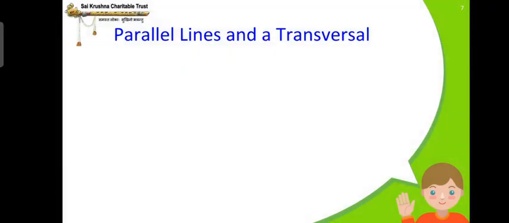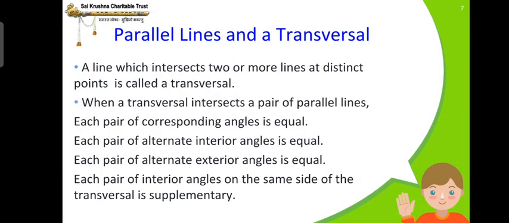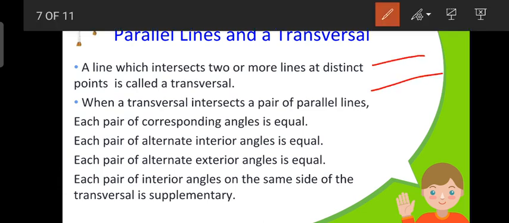Okay. Parallel lines and a transversal. A line which intersects two or more lines at distinct points is called a transversal, as I have explained to you. So this line is called the transversal.